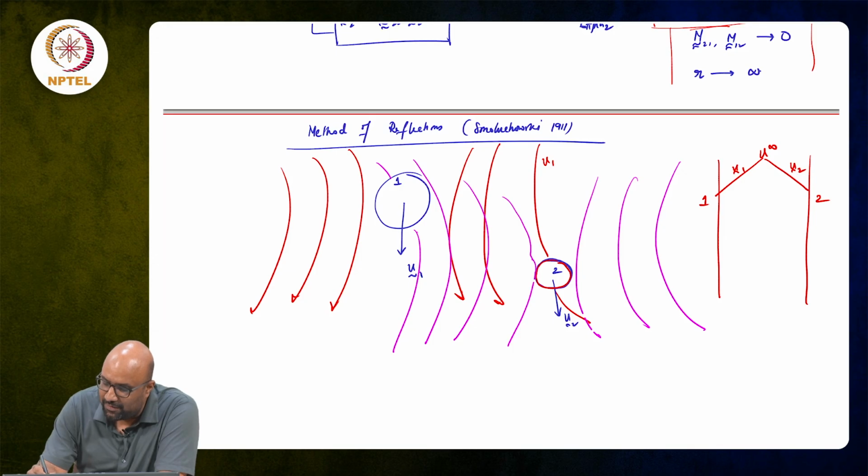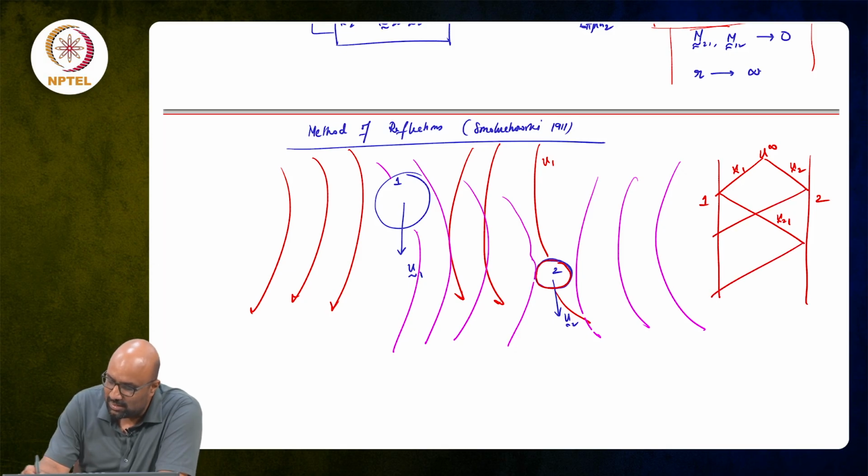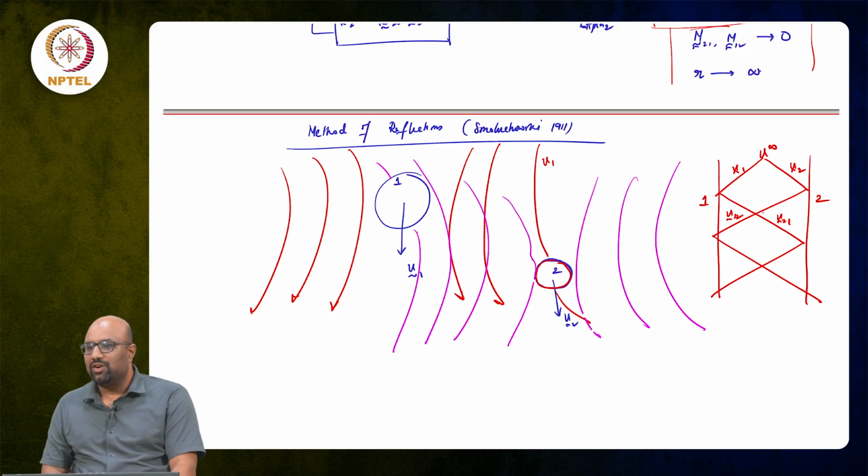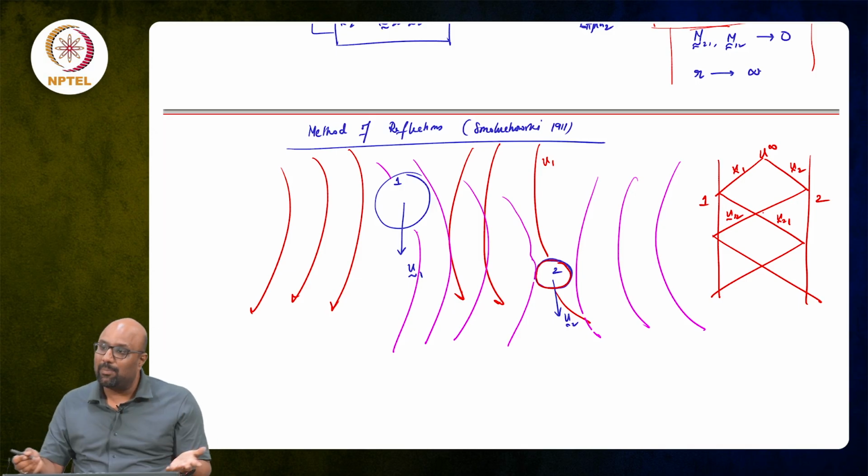The velocity field created by 1 is going to influence particle 2, right? And then this is how it goes further. That's why I am using the word reflection, because it doesn't terminate.